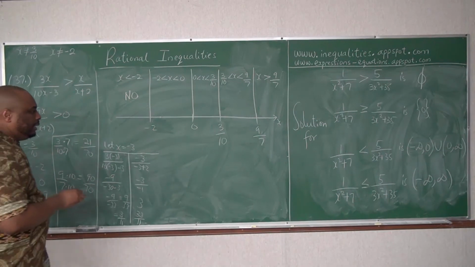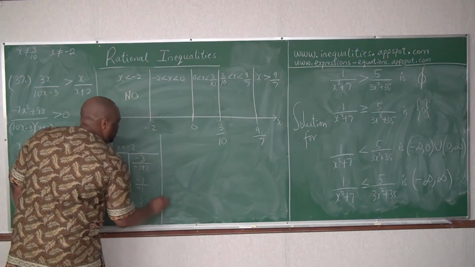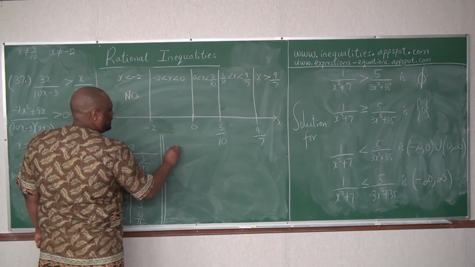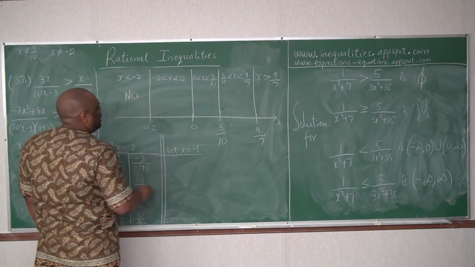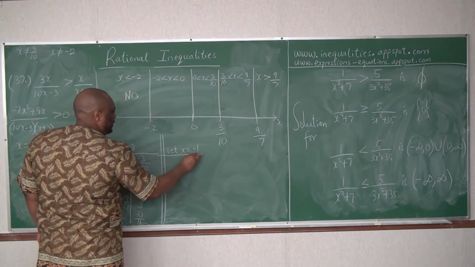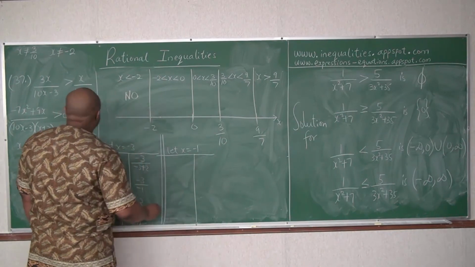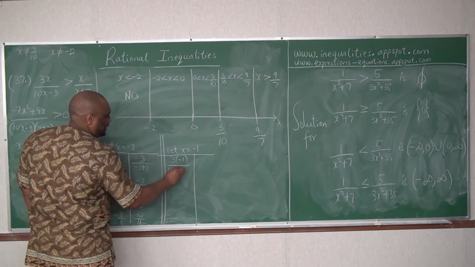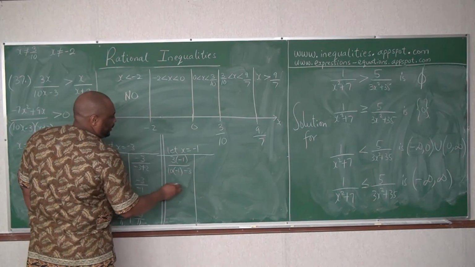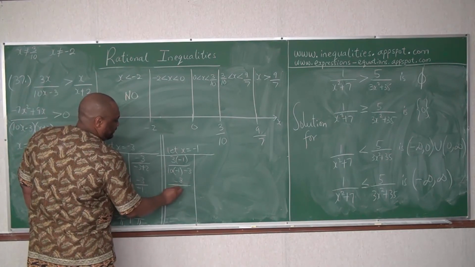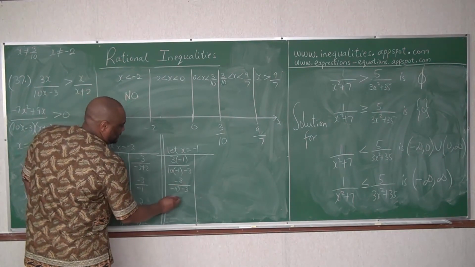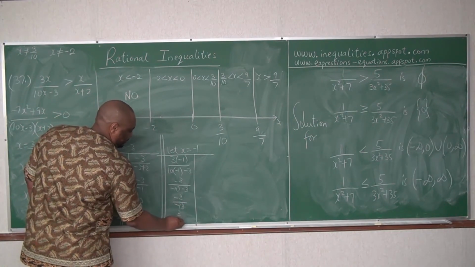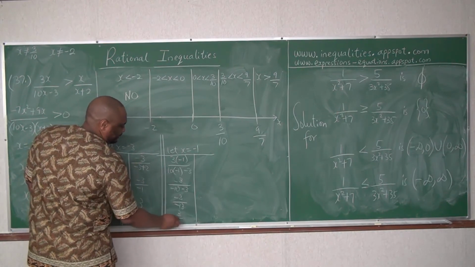Okay? Then we have the next one. Let me use double lines here. The next one, the easiest number will be, let x be negative 1. So we test it on both sides. 3 times negative 1 over 10 times negative 1 minus 3. And that is negative 3 over negative 10 minus 3, which is negative 3 over negative 13, which is 3 over 13.